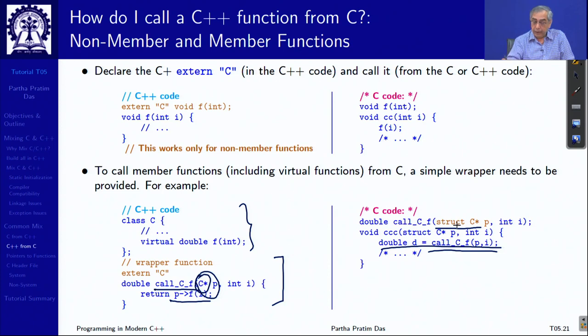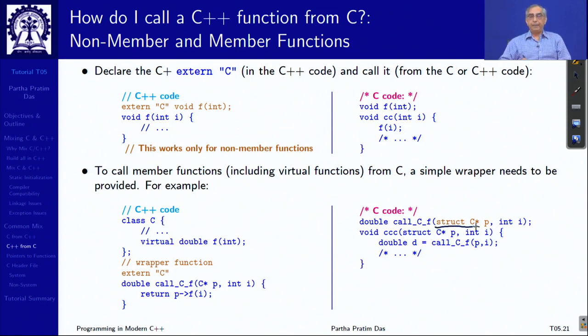So, in terms of the C code, you declare it as struct C star, which is a C star pointer, treating C as a struct, which the C language understands. So, taking that, you can now have a C function which calls this. When you call with this, then on that object the function f will get called, right.